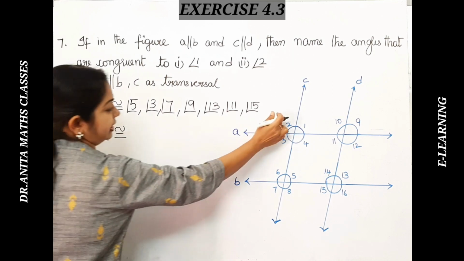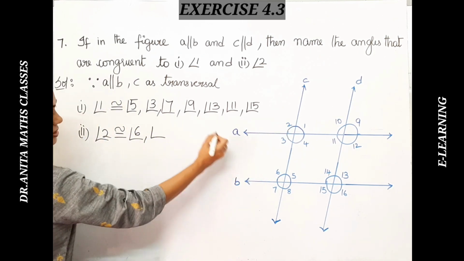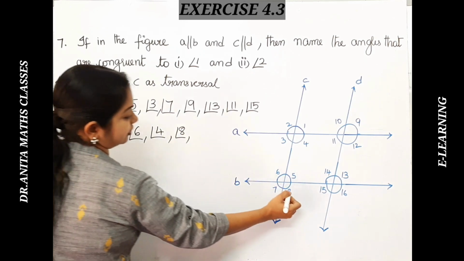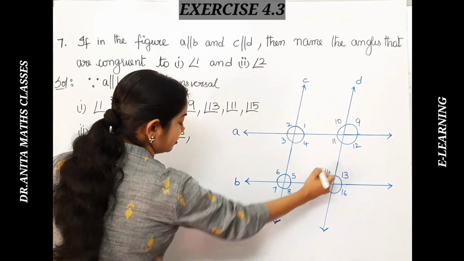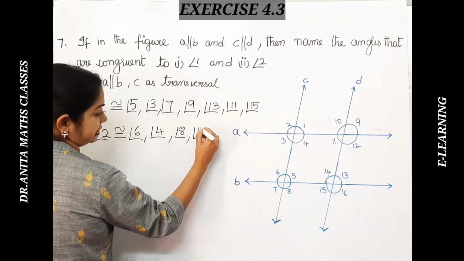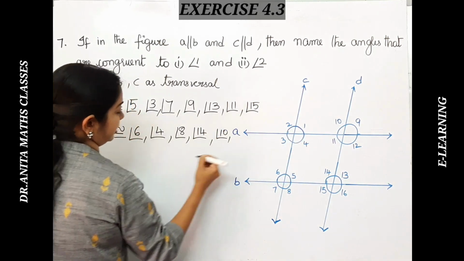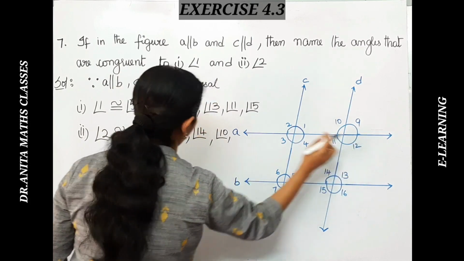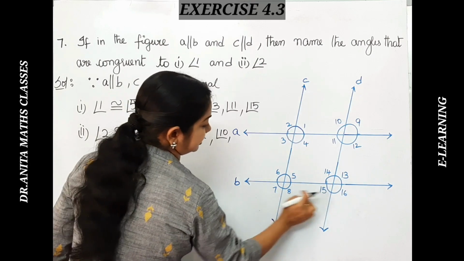Okay, so let us write angle 2. Here we got first 6, then 6 and 4 we got, then 8 we got, and from 8 we got 16. So 8 and 14 are also alternate interior, 14 and 10 also here. After 10 we have 4 and 12 also, and we have 8 and 16.